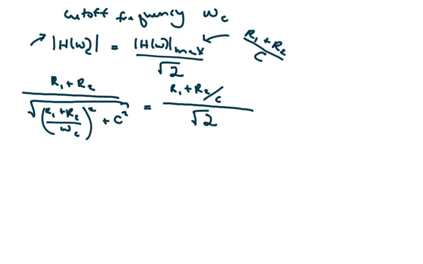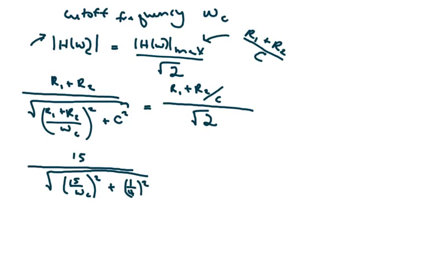Okay, so let's substitute some values to simplify this a bit. R1 plus R2 is 15. And so this will be 15 over the square root of (omega C) squared plus (1/4) squared is going to be 60 over the square root of 2.